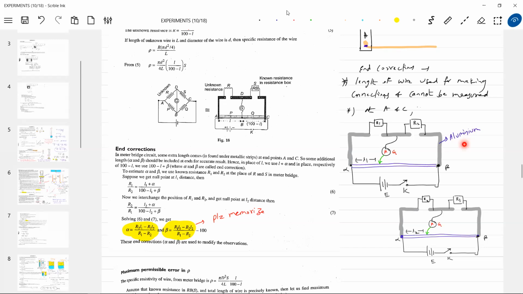So if the area of cross-section is more, resistance will be less. Therefore, what they do is the strips will be made in a shape like this. This is one strip.